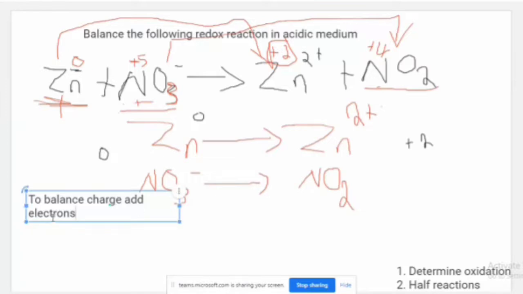Is this clear? We are yet to add electrons. I just wanted to make sure that you understand that charge is not balanced on the zinc and the zinc ion. Yes.